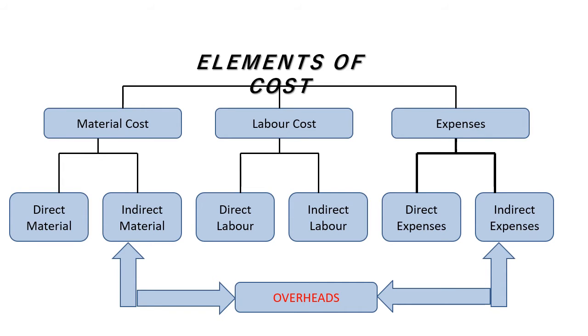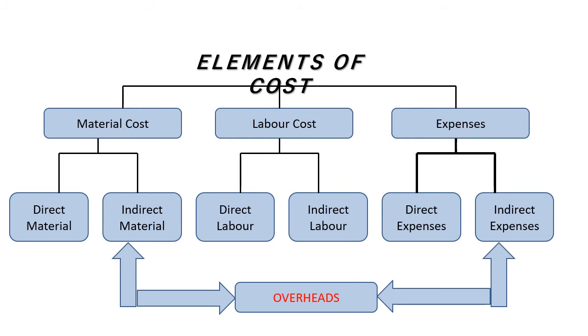These cannot be directly identified with a particular job, process, or work order and are common to cost units and cost centers. It may be recalled that the total cost is broadly divided into direct cost and indirect cost, and the total of all direct costs, that is direct material, direct wages and direct expenses, is known as prime cost.